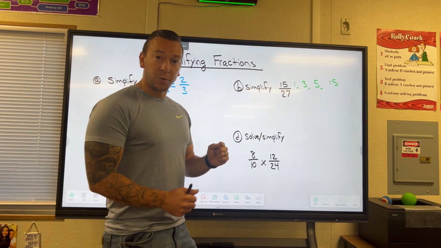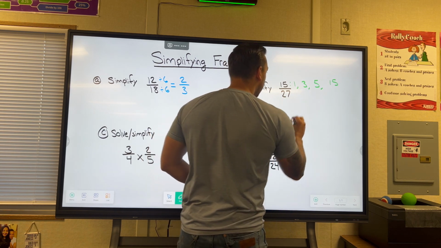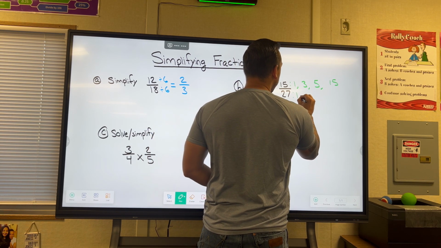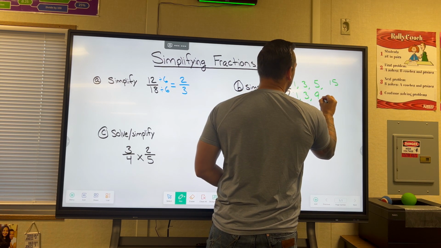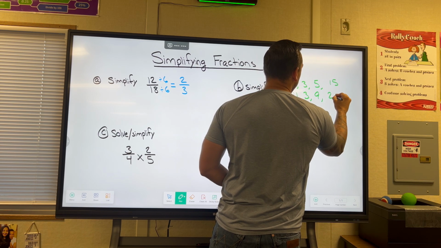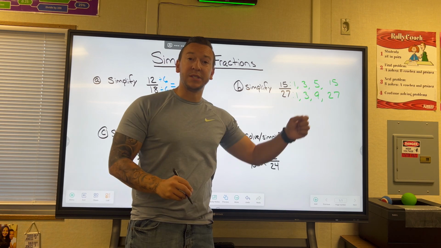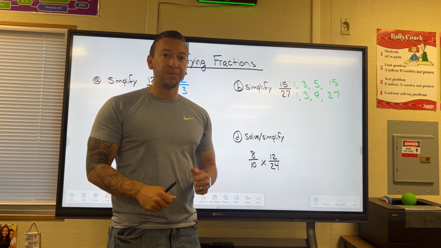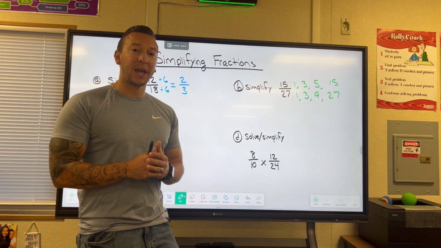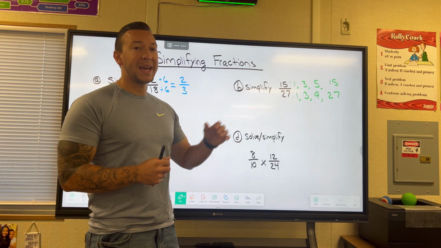Now the factors for 27: 1, 3, 9, 27. Because 1 times 27 is 27, but 3 times 9 is 27. Again, knowing those multiplication facts, backwards and forwards, knowing your division facts will really help here.